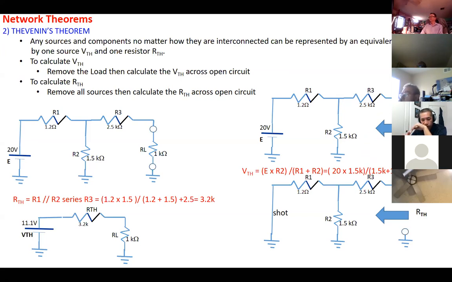So effectively, that would be considered infinite resistance. Yes, it's an open circuit, infinite resistance, exactly.